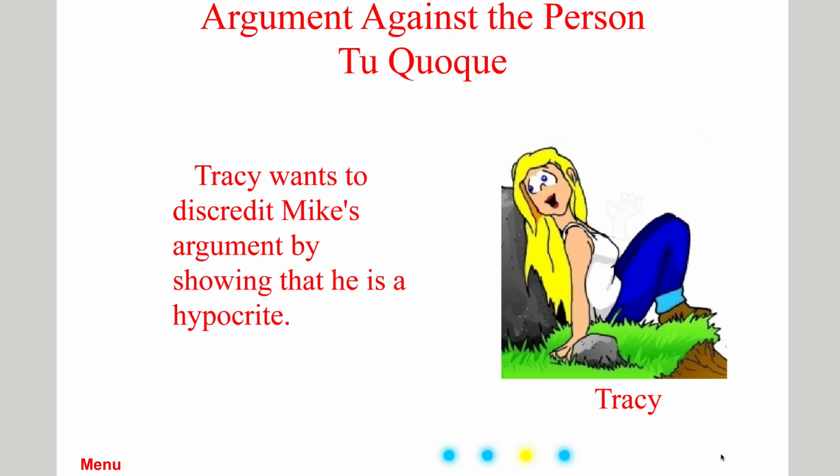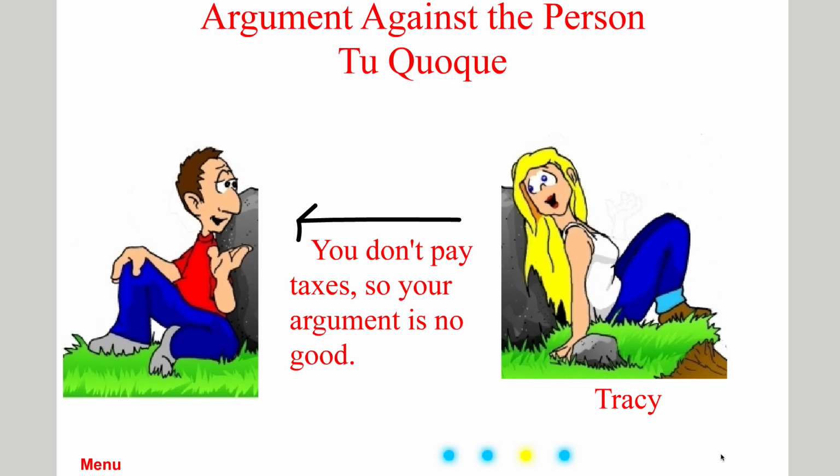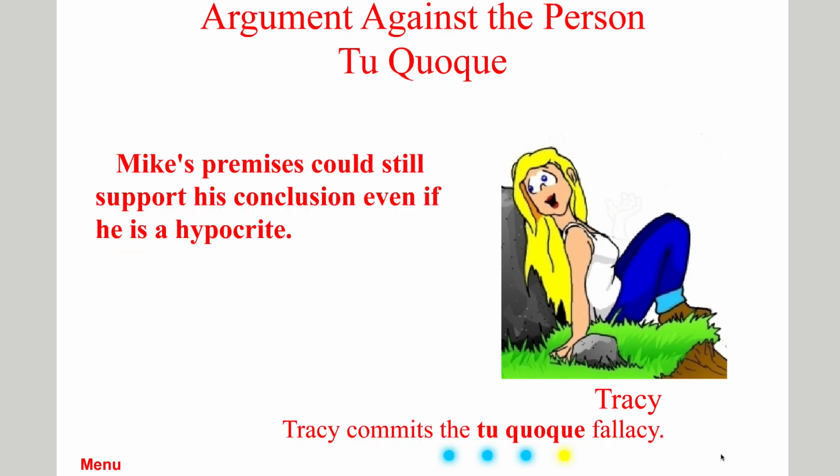They're not about Mike's argument. They want to discredit Mike's argument by showing he's a hypocrite. You don't pay taxes, so your argument is no good. Now, Mike's argument premises could still support his conclusion even if he is a hypocrite.